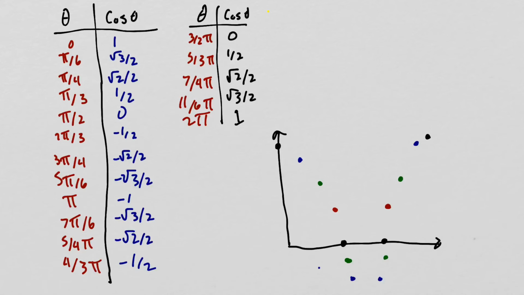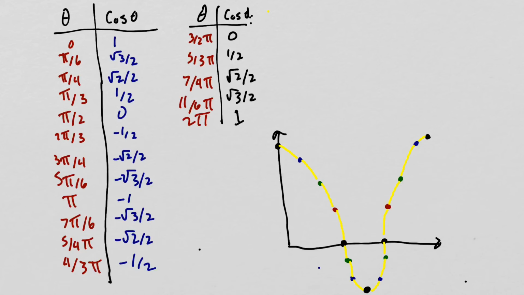Now, connecting the dots on our graph, we'll see that the shape of our cosine function looks like the following. Again, sine and cosine are very beautiful functions, but it's hidden beneath the definition.